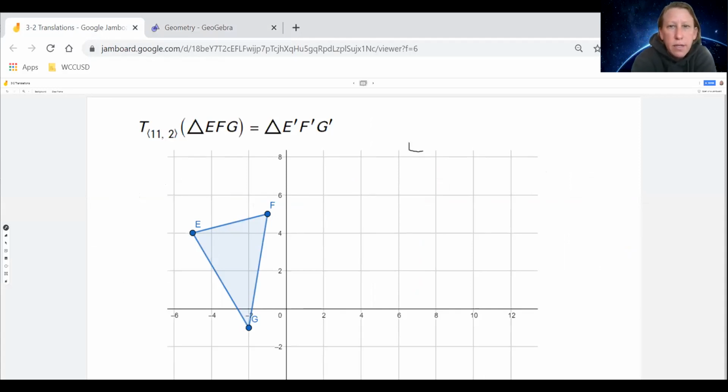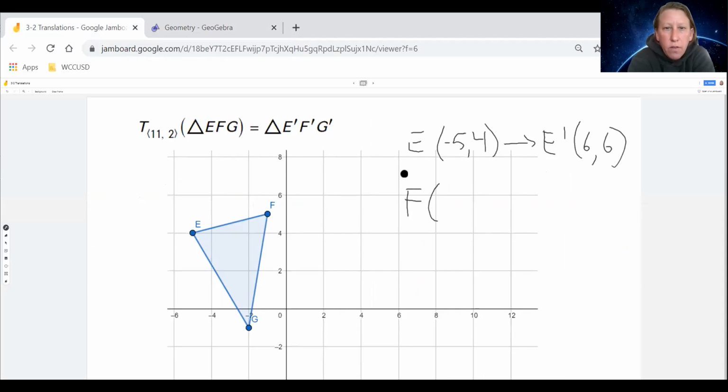So this is the same problem over and over again. E was at (-5, 4), and now we're adding 11, so that's going to be 6. And we're adding 2, so that's also going to be 6. The original was at (-1, 5). If I add 11 to -1, I get 10. If I add 2 to 5, I get 7.